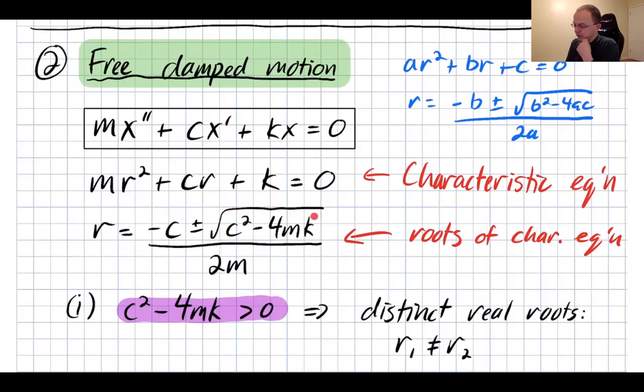And finally, if it is negative, then we would be taking the square root of a negative number, and that would give us a pair of complex roots. Okay, so let's look at each of those three cases separately.